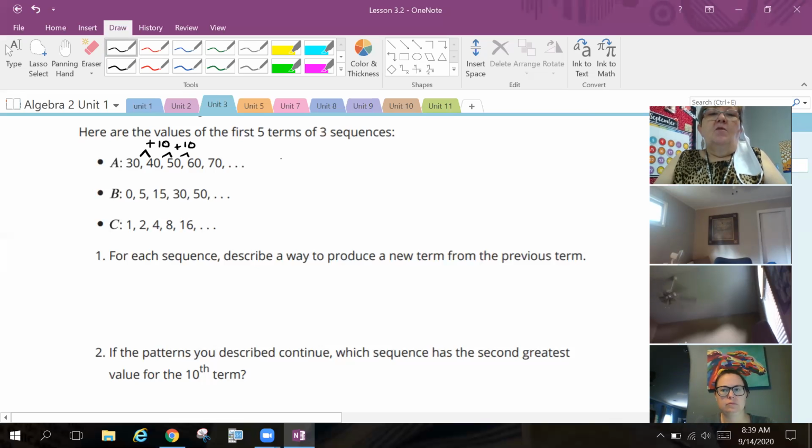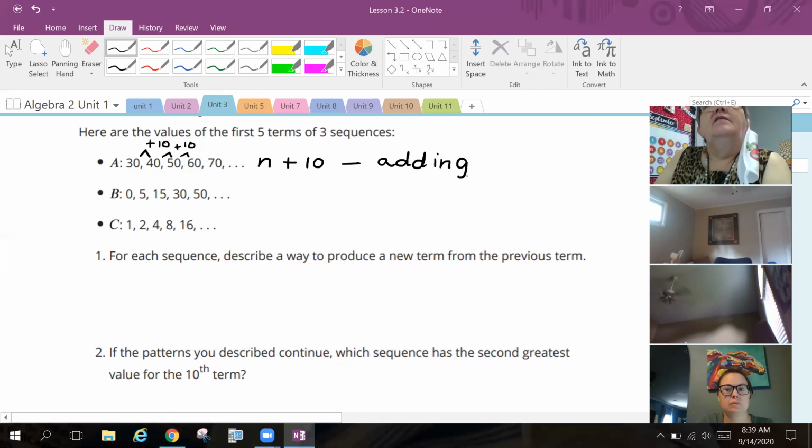So n plus 10 would be its function rule, basically. And it's adding. Are you adding the same number every time? Yes, we're adding the same number each time, okay?